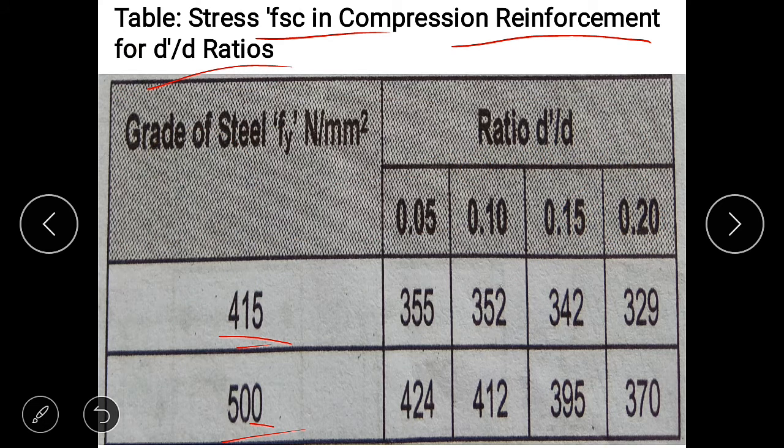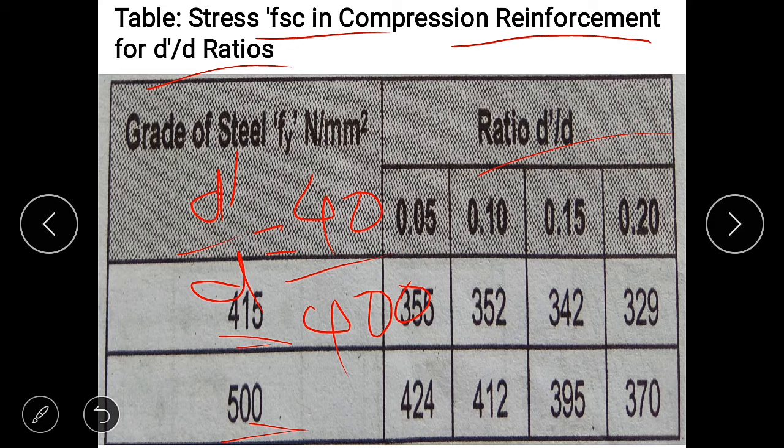The ratio D dash divided by D is 0.05, 0.1, 0.15, 0.2. If D dash is 40 and D is 400, then consider what is the ratio?